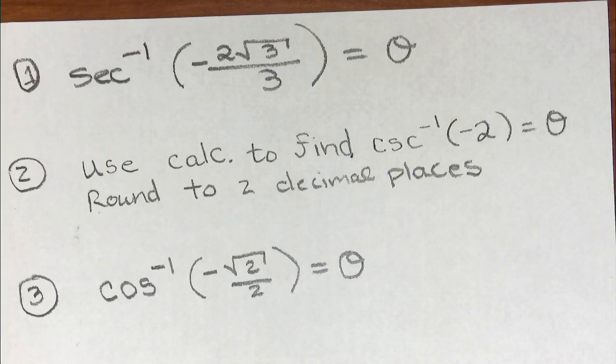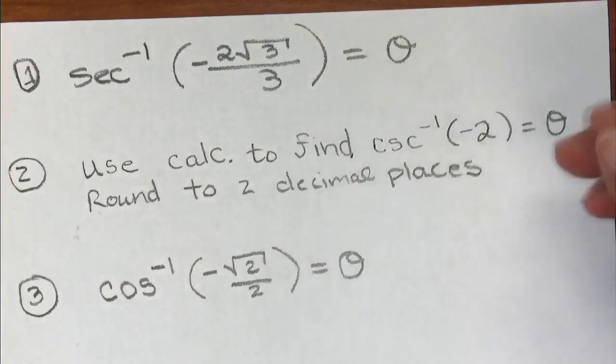Circle your final answer for each of those problems. Try to move it off to the side and circle it, or just circle it so I know what is your work and what's your final answer.